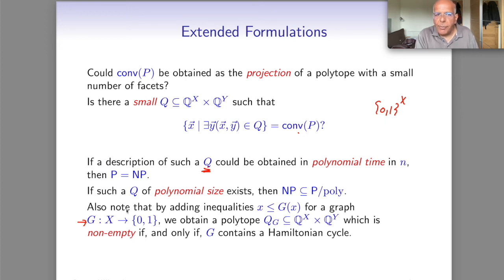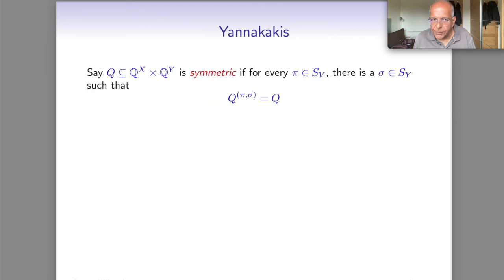Then given an input graph, instead of adding an objective function, you simply add these constraints: for any variable x, you say its value is less than g of x, so g of x is either 0 or 1. Adding that to Q gives you a polytope which will be empty if the graph G contains no Hamiltonian cycle, but it will be non-empty if it contains a Hamiltonian cycle. So simply solving the linear programming feasibility problem for QG determines whether the graph has a Hamiltonian cycle. Okay, I'll leave you to verify the details of this.